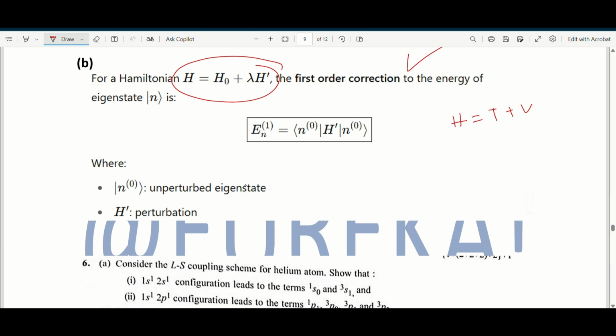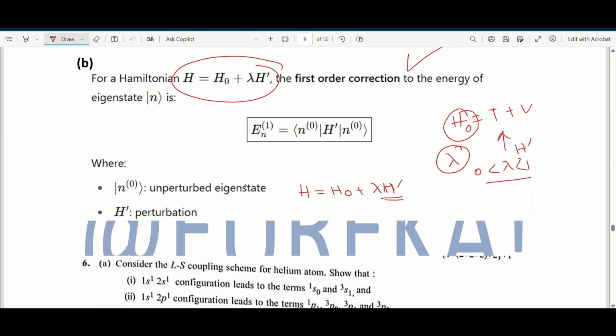If we consider the Hamiltonian of the unperturbed system as H naught, and we apply a perturbation indicated as H prime, and we consider a lambda, which is a factor that in general lies between 0 and 1, then the total Hamiltonian of that system will be the unperturbed Hamiltonian plus lambda times H prime. This is the perturbed Hamiltonian.